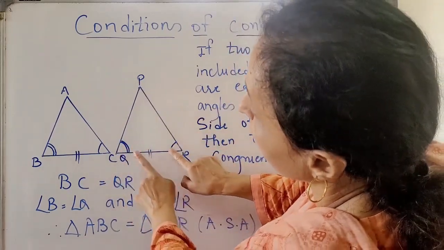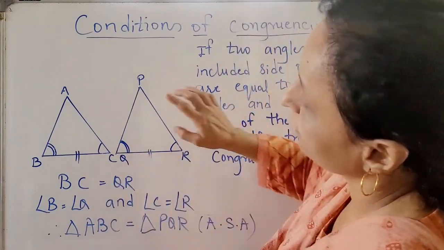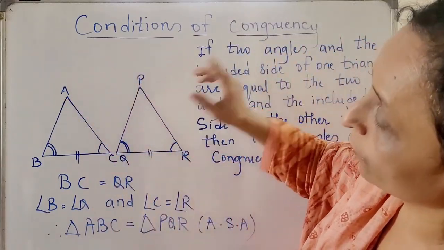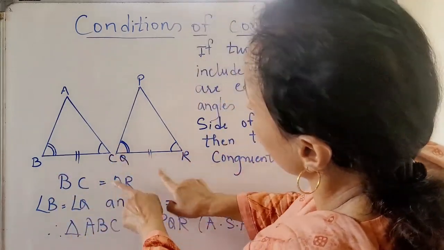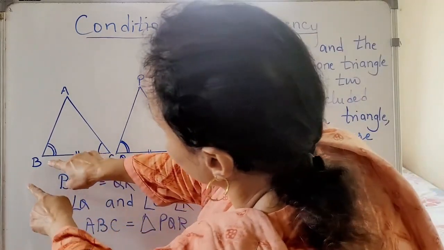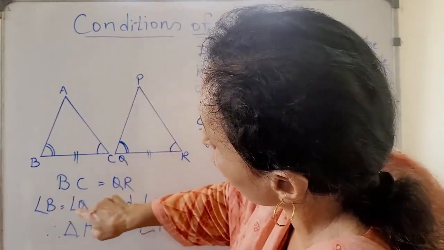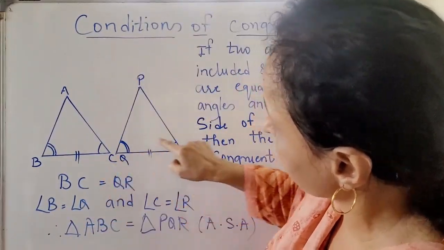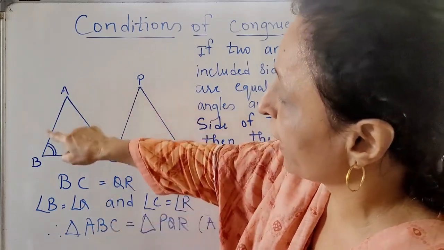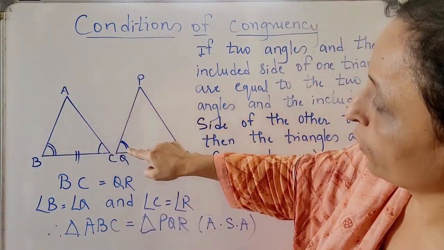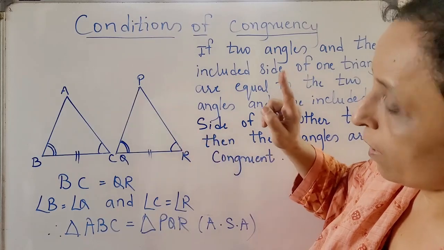If the included side is congruent, then this triangle is congruent. So you can see BC is congruent to QR, angle B is congruent to Q, and angle C is congruent to R. Now this triangle ABC is congruent to triangle PQR.